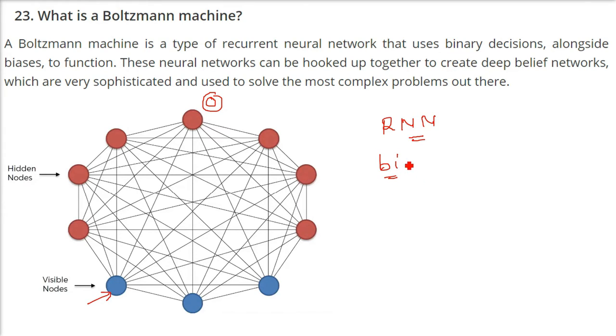So these neural networks can be hooked up together to create deep belief networks, quite sophisticated and able to solve complex problems. So how does this happen? Normally what we do, in a simple feed forward or back propagation, we have an input layer, then we send the input to the hidden layers. But if you see very closely this Boltzmann machine, every node is connected to every other node.